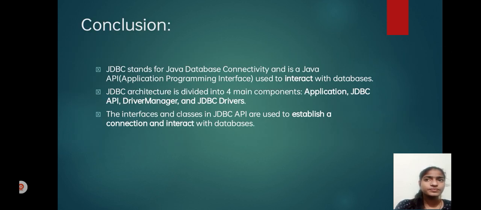So let's revise what we have discussed before. Steps to connect the database, we have 7 steps mostly: first importing the package, then loading the driver, where we have 2 options, Class.forName and DriverManager.registerDriver, and then creating the connection, and then creating the statement, and then executing the query, and then closing the connection, and automatically the statement will be closed, right?